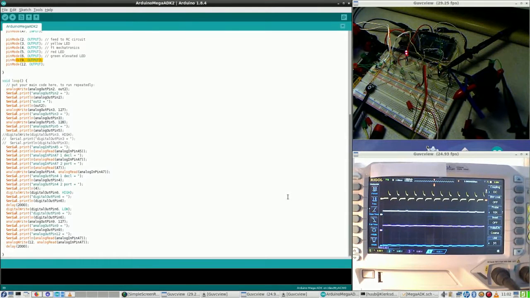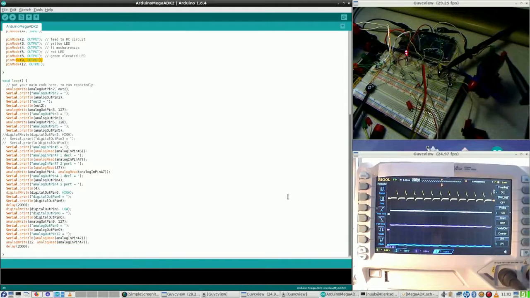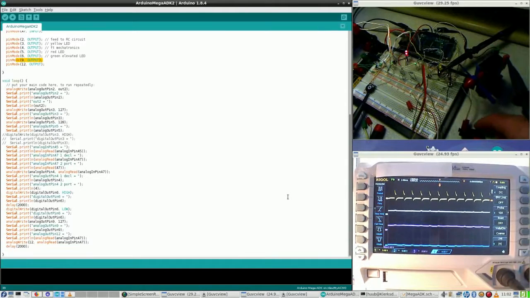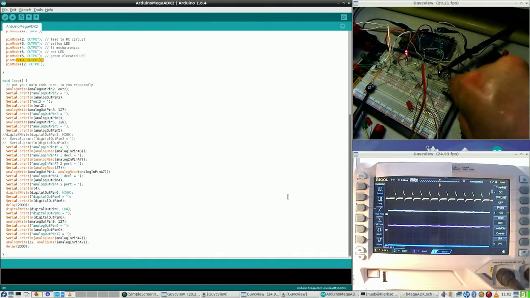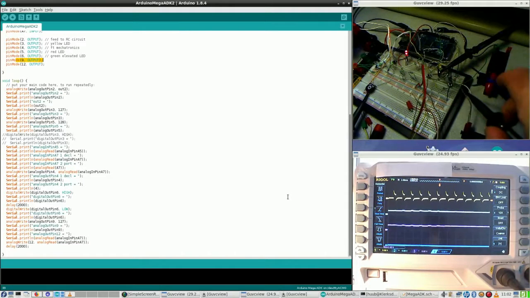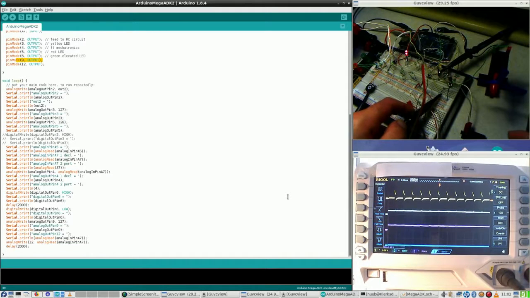Alright, let's see if this does something. No signal change at all. So if I measure, okay, let me put the probe like this and measure if anything happens.